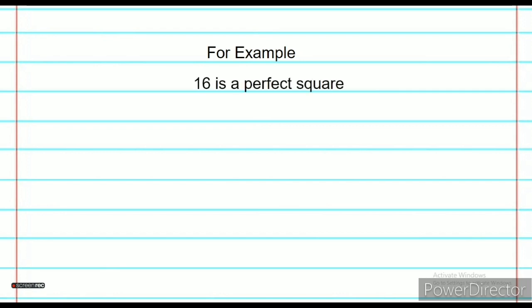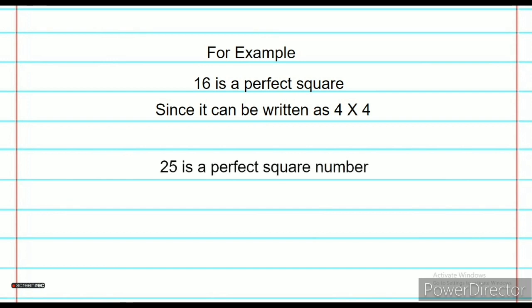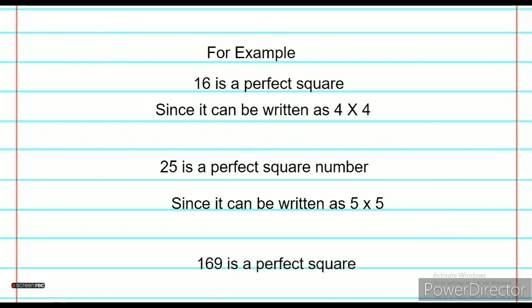For example, 16 is a perfect square number, since it can be written as 4 multiplied by 4. 25 is a perfect square number, since it can be written as 5 multiplied by 5. 169 is also a perfect square, since it can be written as 13 multiplied by 13.